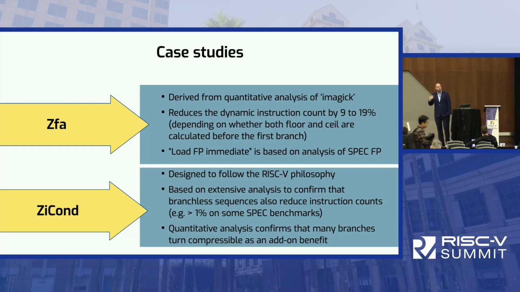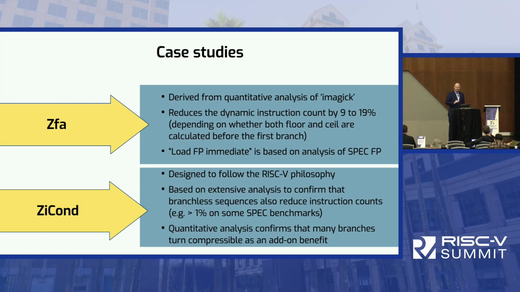And looking at the frequency of that, you will see there's 1% of instructions gone on non-obvious benchmarks like Perl bench, just because you're optimizing these sequences that the compiler is frequently going to emit.